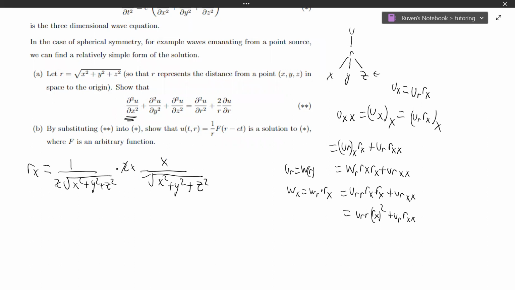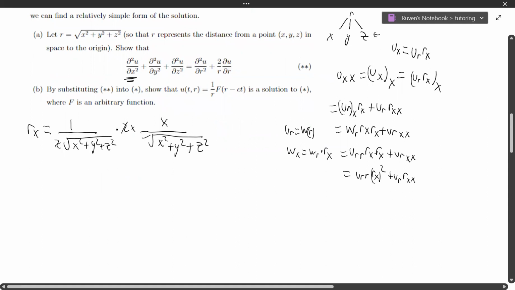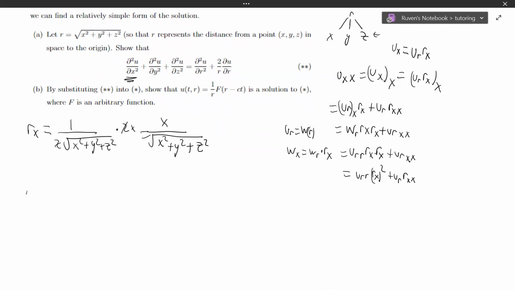So now what we need to do is take the derivative again, with respect to x, so it's going to be Rxx, and that is equal to, so we're going to do the quotient rule.